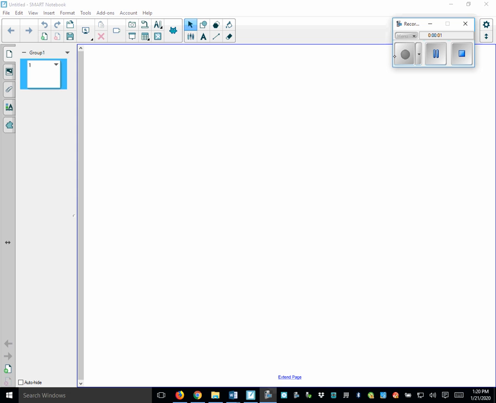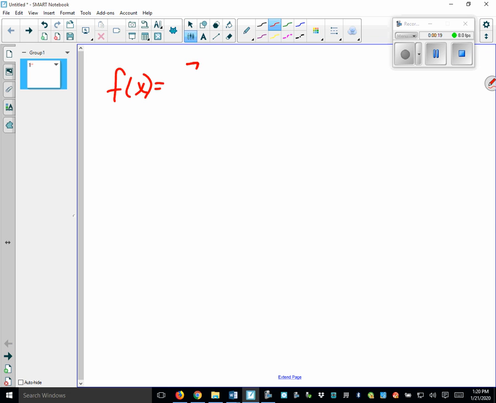First thing on the test is vertical asymptotes. If I give you a function like this, what is the vertical asymptote?